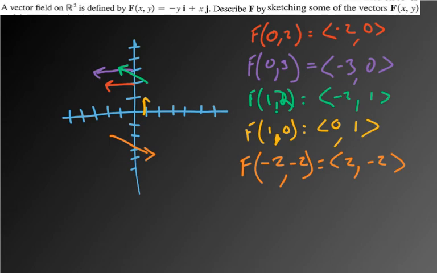If you keep doing this out, you'll see some nice properties, where any of the ones that start on the axes are going to be perpendicular to the axis. You're getting a circular kind of pattern to all these vectors. That is what they follow here.